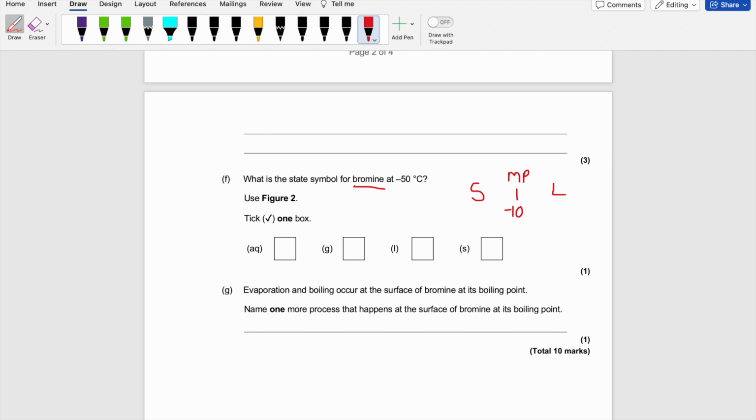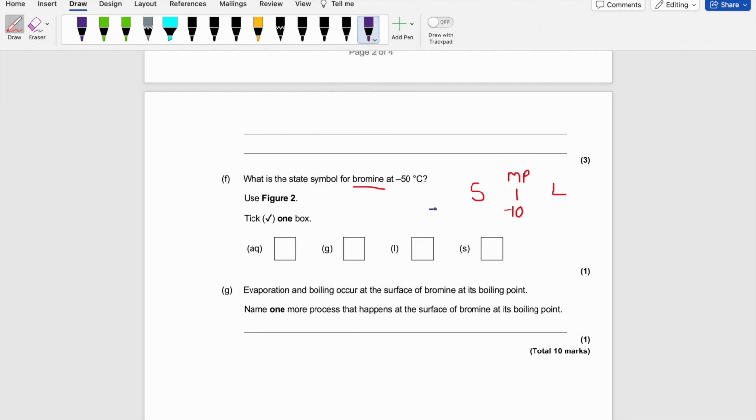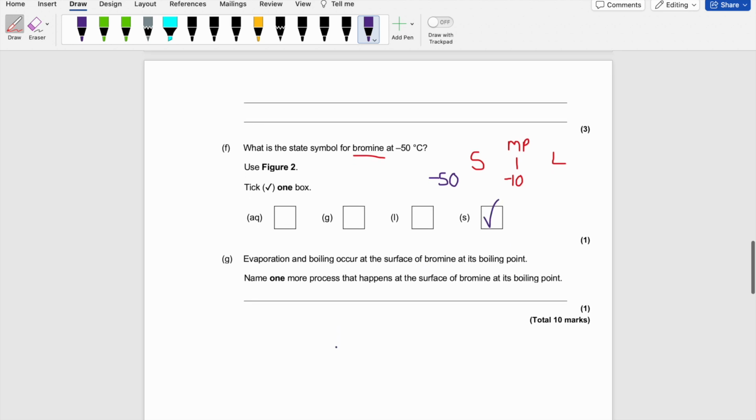It says, what is the state symbol for bromine at minus 50 degrees? Well, minus 50 degrees is much further along here, isn't it? So it's well below minus 10. So minus 50 is in the region of solid. So bromine at minus 50 would be a solid.